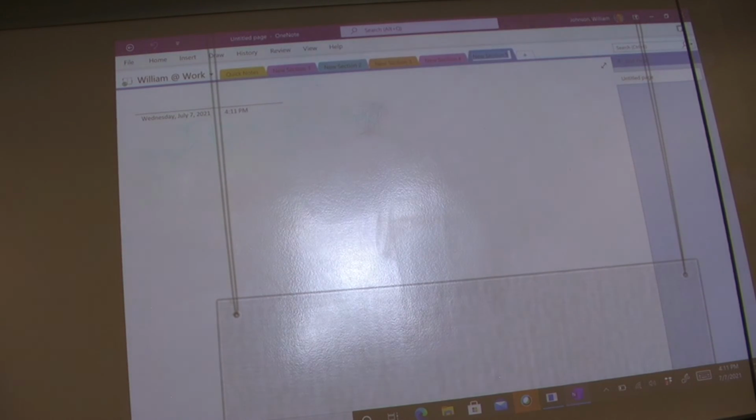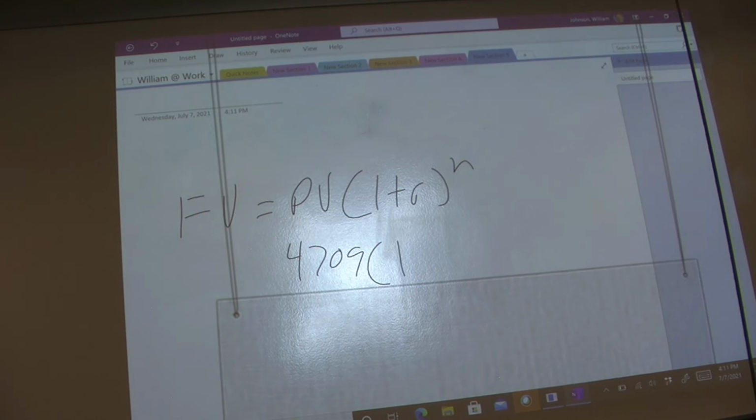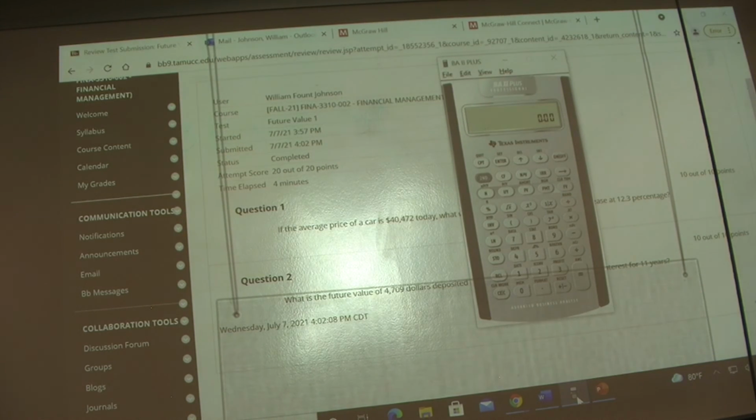Alright, so our formula for future value is the same. We can put it in many different ways: present value times 1 plus r to the n. In this case, our present value is 4709 times 1.0325 to the power of 11. So we can go to our financial calculator, or we can just use a regular calculator this time.